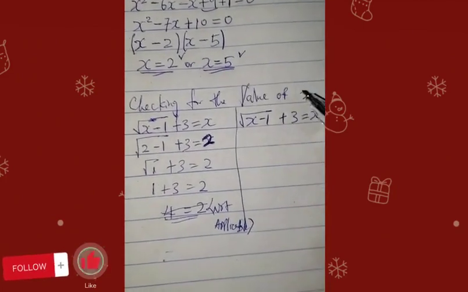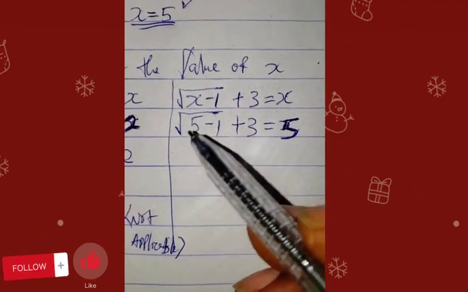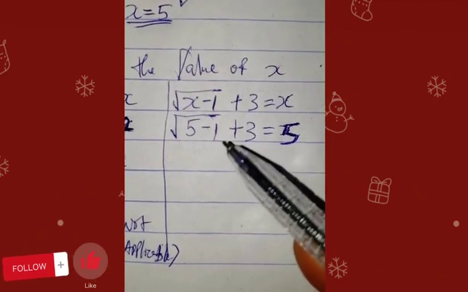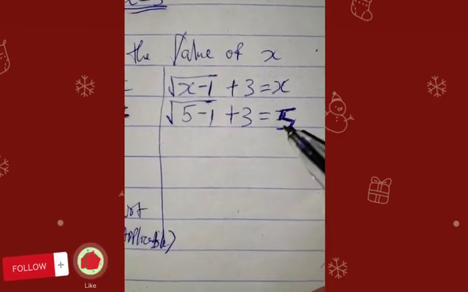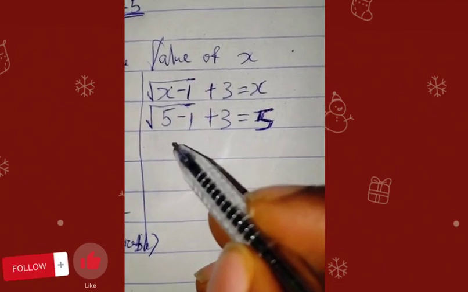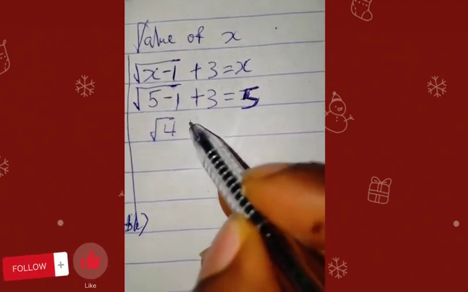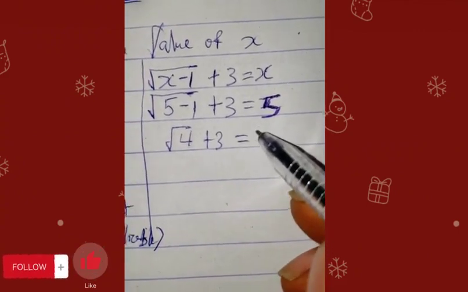So let's try for 5 now. Let's substitute. Likewise, everywhere you see x, you change it to 5 according to the question. So we have surd 5 minus 1 plus 3 is equal to 5. Now 5 minus 1 should be 4. So say surd 4 plus 3 is equal to 5.